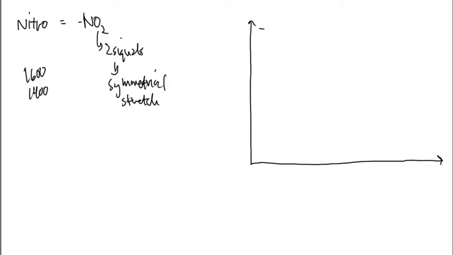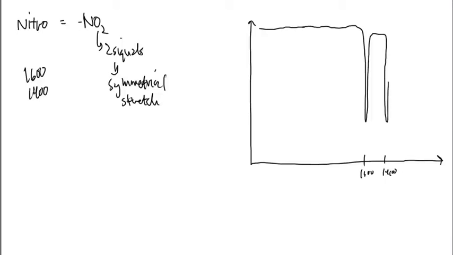So what I would see in the infrared here is, let's say, 1600. Here is going to be 1400. I would maybe see a lot of busyness here in the beginning, but I would at least see a dip that happens at 1600 and it kind of comes back up, and then another dip that happens at 1400 and it will come back up. And these are symmetrical for the most part.